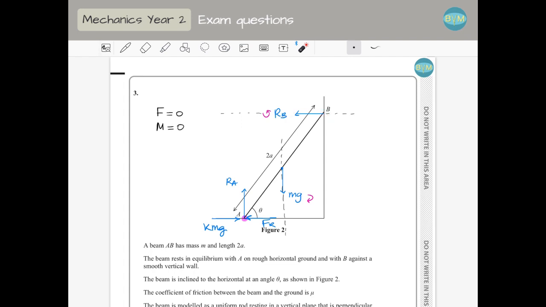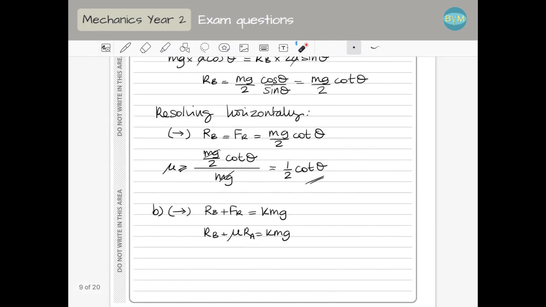What happens with RB? If we take moments again about A, we have the same situation that we had before, yeah? So mg hasn't changed, moments about A must be 0, so RB hasn't changed. It's not always the case, so be careful, but RB hasn't changed. So RB was this function here. Substituting RB, I have mg divided by 2 cot theta plus mu, that we know is 0.5, times RA, which is mg, is going to be kmg.